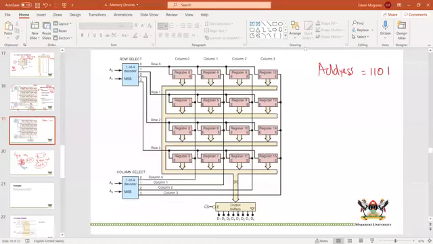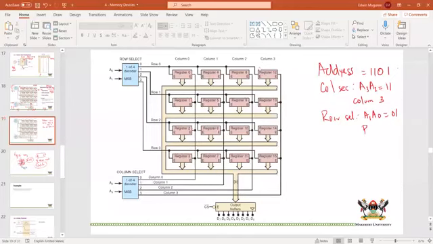Okay, let me see. Okay, so we know that column select will be A3, A2, which is 1, 1. So we select column 3. Then row select is A1, A0, which is 0, 1.